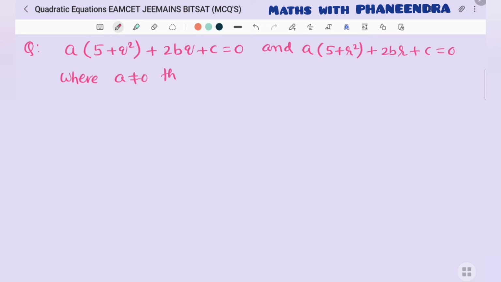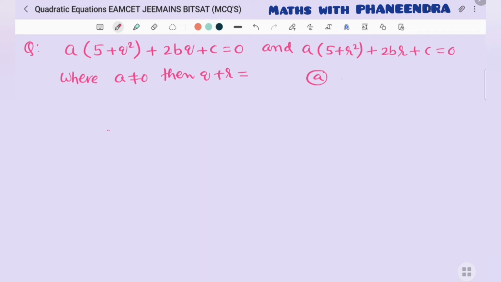Then q plus r is equal to, they are asking this value. They are asking q plus r value.